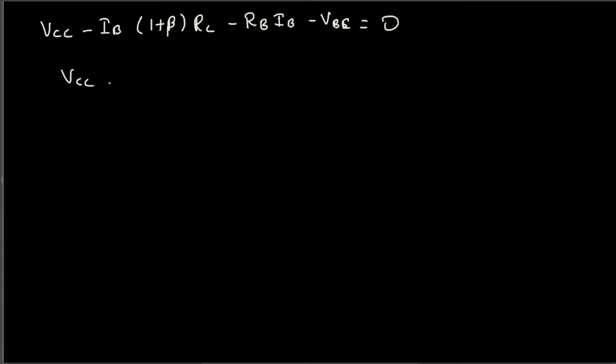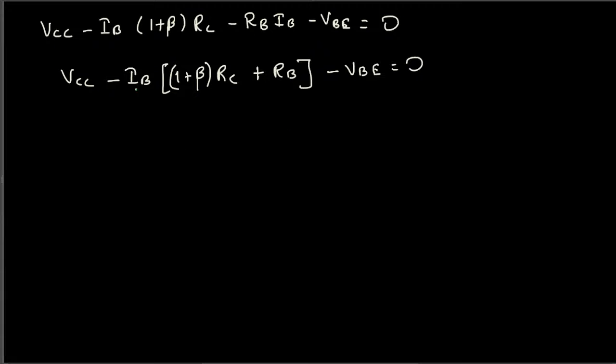So this is going to be VCC, and if I take IB common, this is going to be 1 plus beta times RC. Okay, and I took the negative also outside, so this negative will be removed, so this is going to be just plus right here, plus RB, and then minus VBE should be equal to 0.